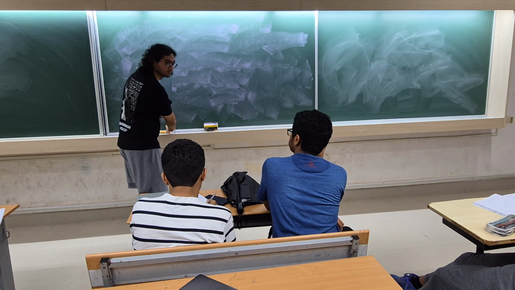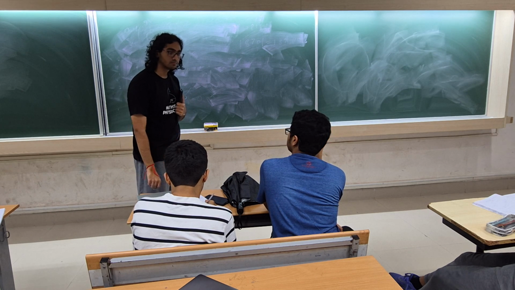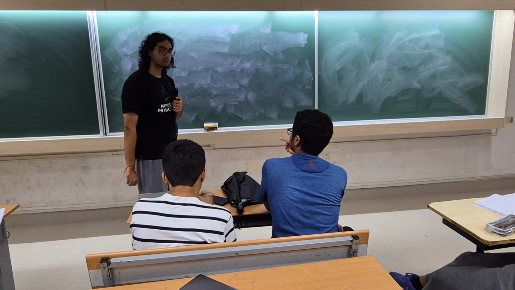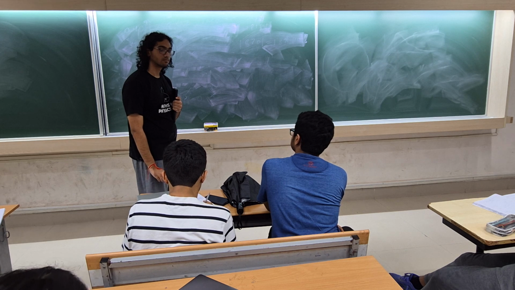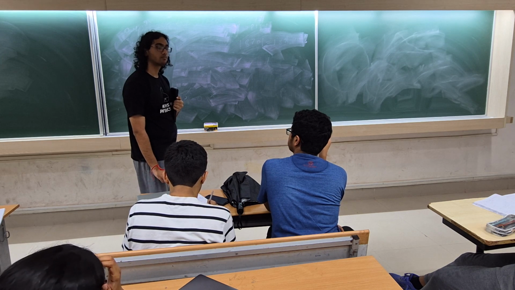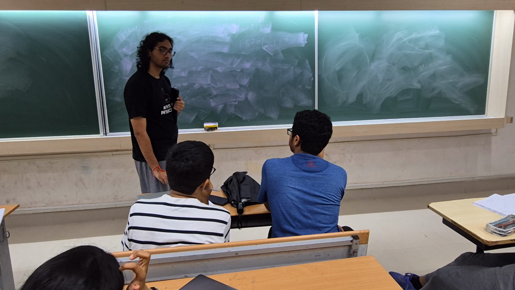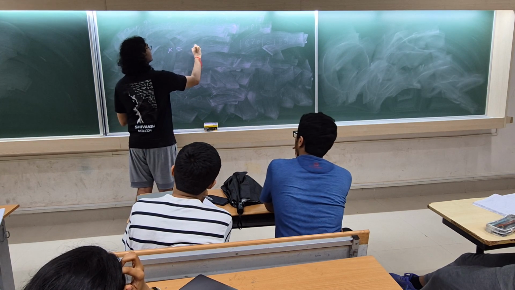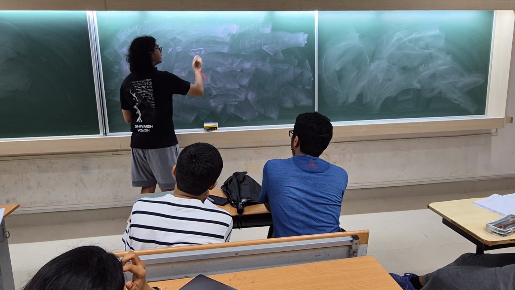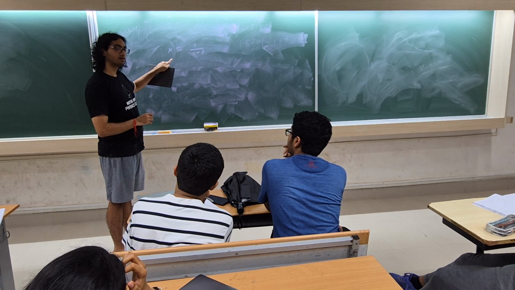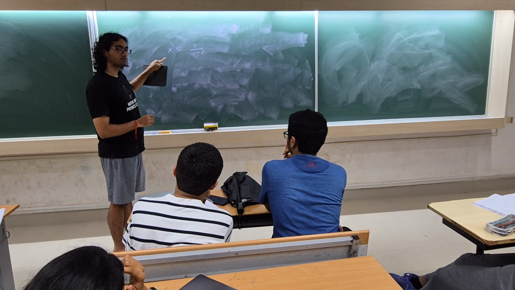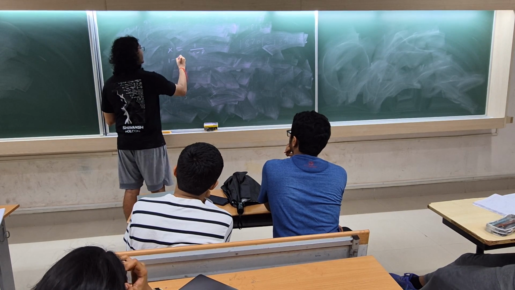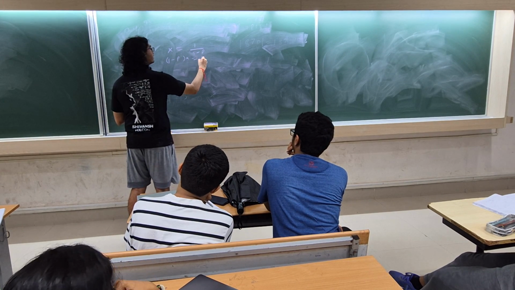I understood why the representation of any natural number in P-adic is unique, but for a negative rational, like 1 upon 1 minus P, why is the representation of that also unique? Let's say x is equal to 1 upon 1 minus P. Now multiplication is defined, right? So we can write 1 minus P times x is equal to 1.